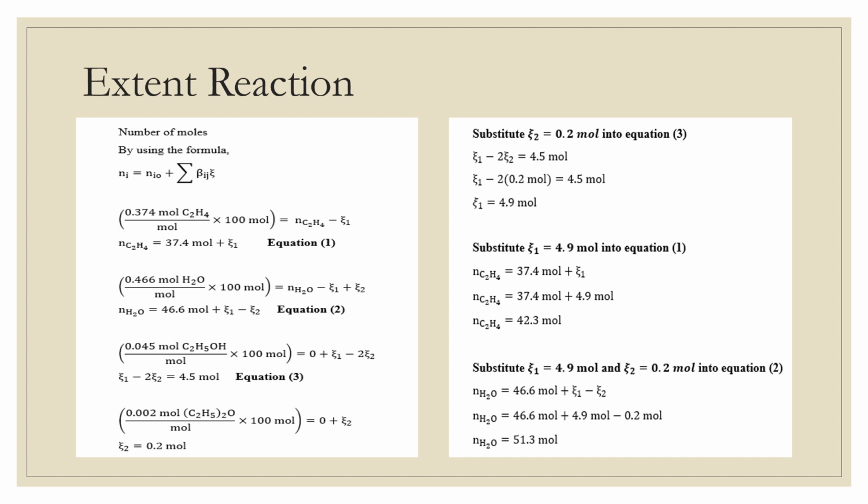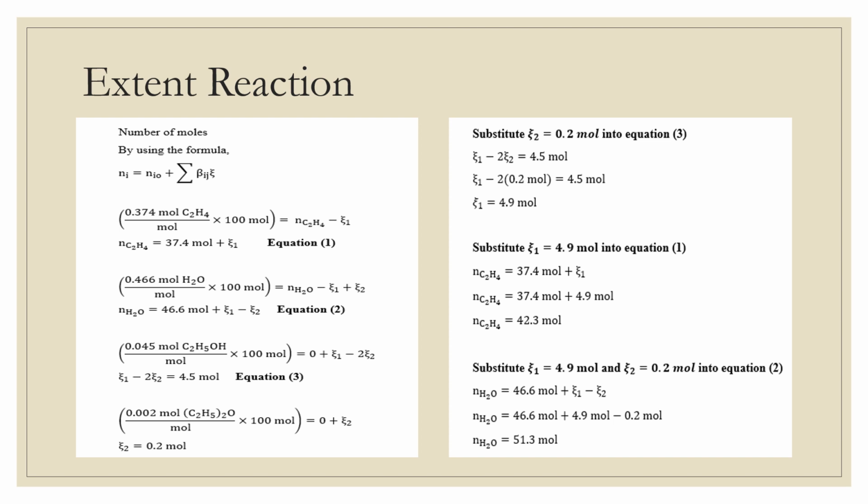Next we're going to look at the H2O. As we know, there are 0.466 mole of H2O in the output stream times the 100 mole basis. So we have Ni equals NH2O, and Ni naught is NH2O that we're going to find later, minus Z1 plus Z2.